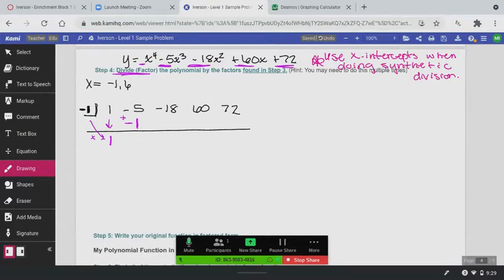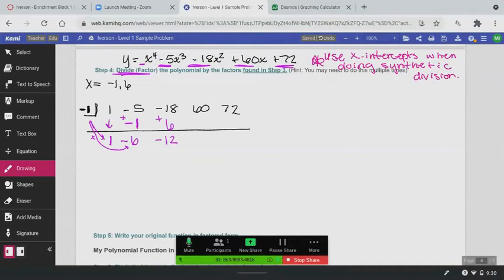So I have -5 plus -1, which gives me -6. Now I take -1 times -6, which is +6. I add down my columns. So I have -18 plus 6, which gives me -12.